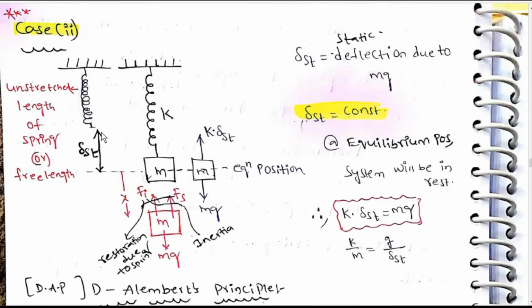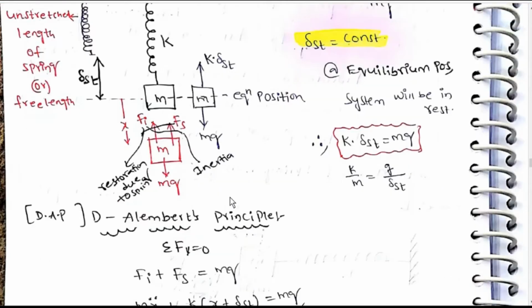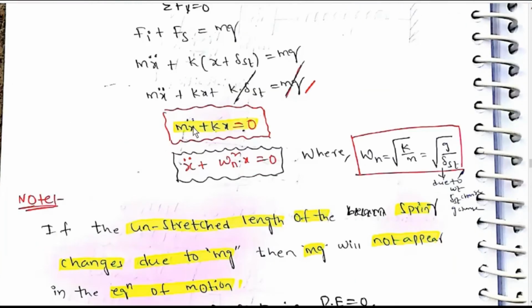Initially itself, when the mass is placed, delta st will be there, and k delta st and mg will be initially balanced. So the final equation remains the same: m x double dot plus kx is equal to 0, x double dot plus omega n square x is equal to 0, where omega n is equal to root k by m, which is root g by delta st. Due to weight, delta st changes.